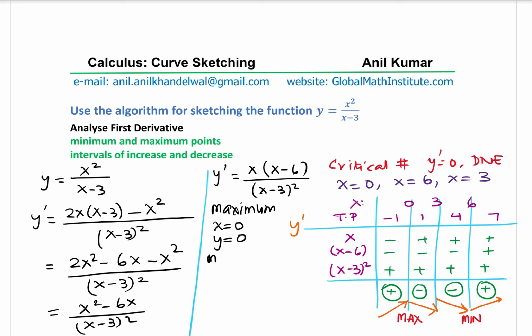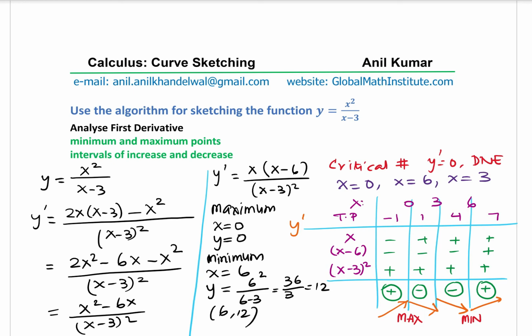And then we have a minimum at x equals 6. So let us substitute 6 and find y. So 6 squared over 6 minus 3. We have 36 over 3, which is 12. So that gives you a point which is (6, 12).